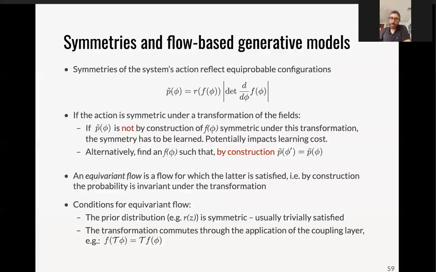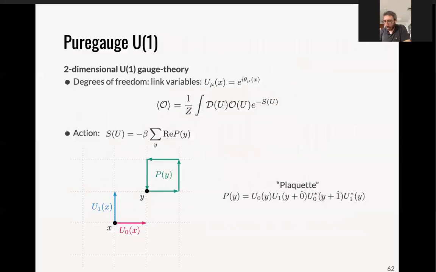Okay, and then there is a specific case of how you can do this for the U1 pure gauge theory. I don't need to go through this again, maybe, but the degrees of freedom in the U1 theory are e to the i angles, right? At each point on the lattice you have one of these U's, one pointing in one direction, the other pointing in the other direction.